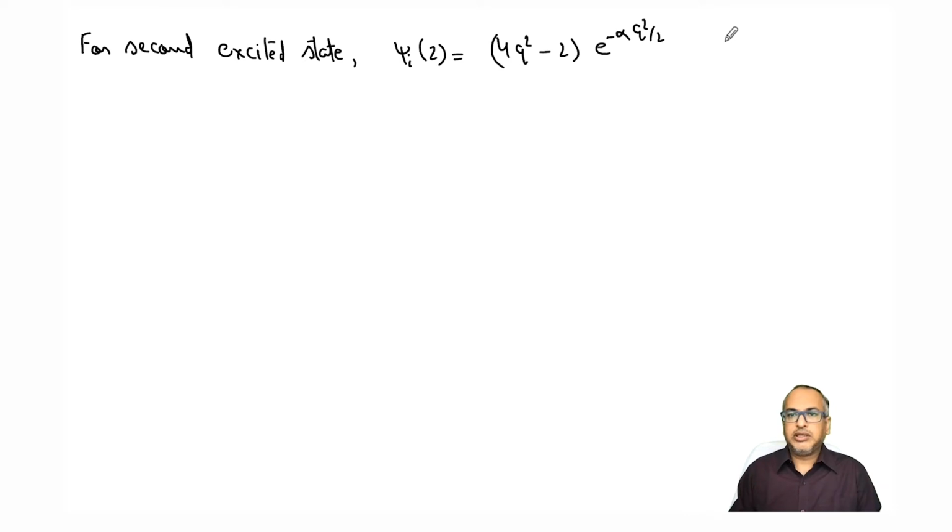Now this means that the symmetry is that of q squared. Now the symmetry of q squared is the totally symmetric representation, right? So for the second excited state, the symmetry becomes the totally symmetric representation, right? So that means A1.